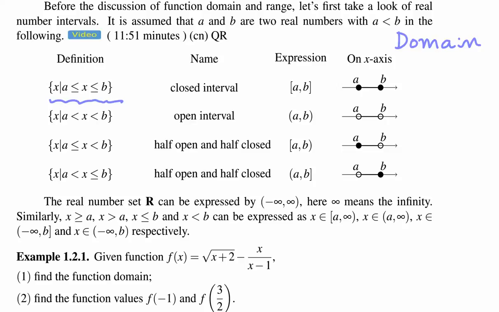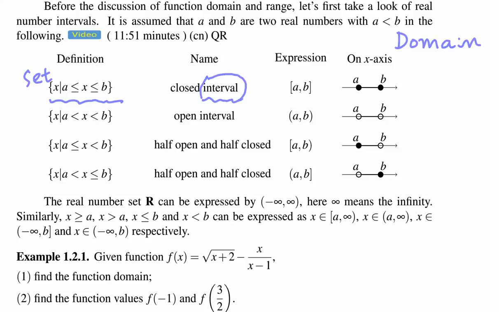for variable x in between a and b, and here a and b are included. So this is a set notation. And here, this one correspondingly is an interval notation.